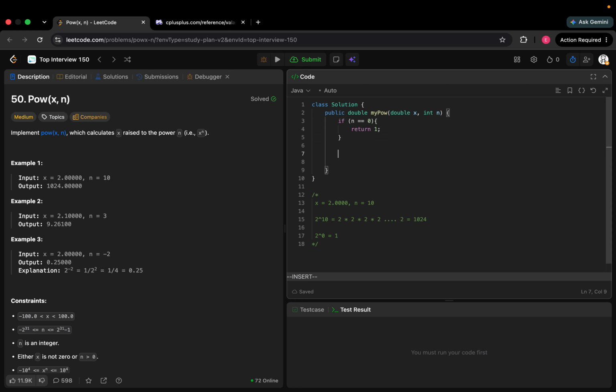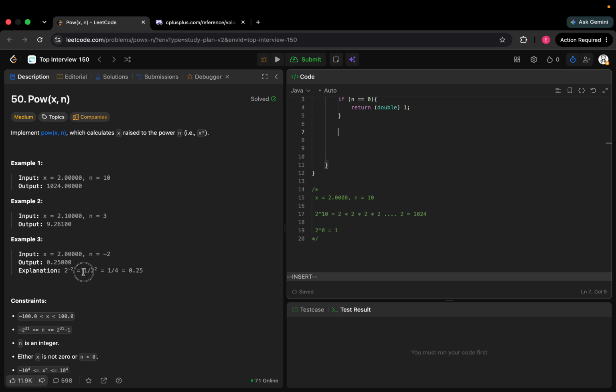If not, we actually need to start the result at 1 here. And also for this condition, if n is negative, it actually means the reciprocal, so we need to flip it.